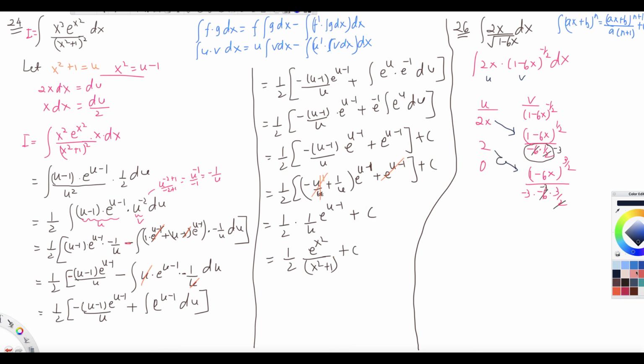Then you get, let me write down that the question is the integral of 2x over root of 1 minus 6x. Since it terminated to 0, then we can write the answer like 2x times the root of 1 minus 6x, that's the root of 1 minus 6x, right?